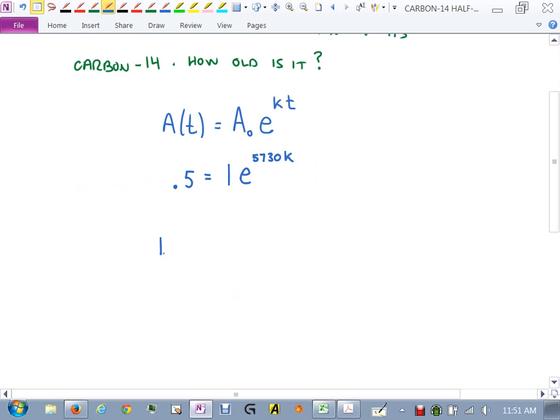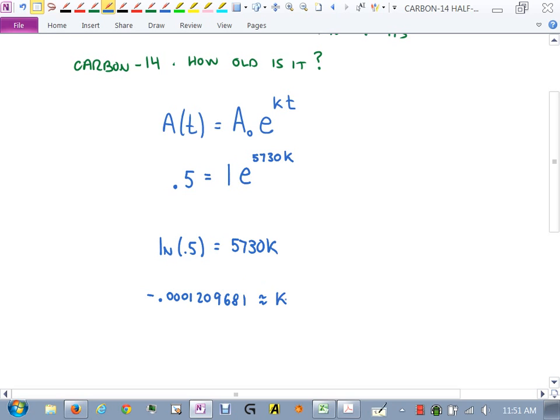So go ahead and do this. You're basically going to be looking at natural log of 0.5 equals 5,730k. I'm getting negative 0.0001209681. Anyone else get that?